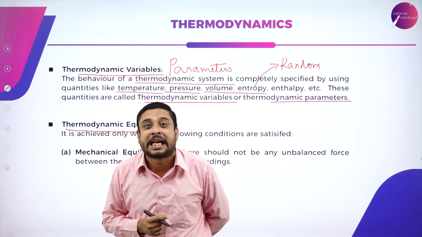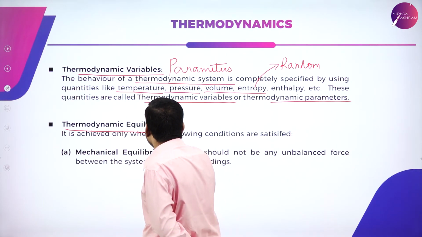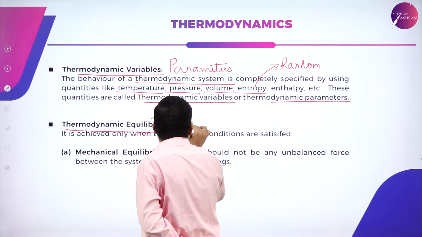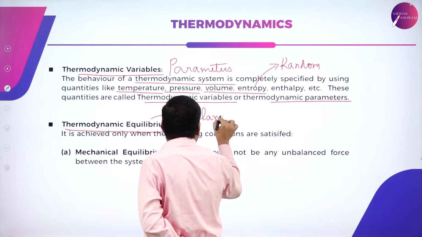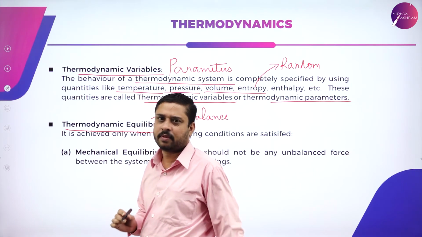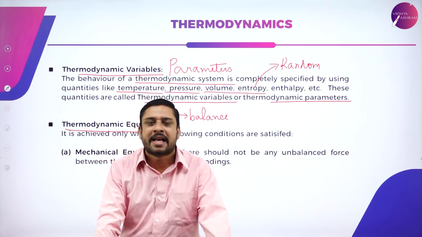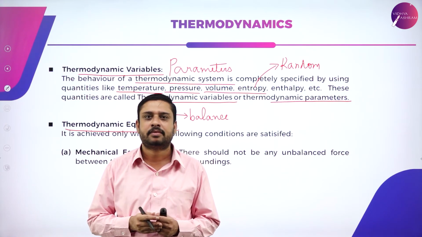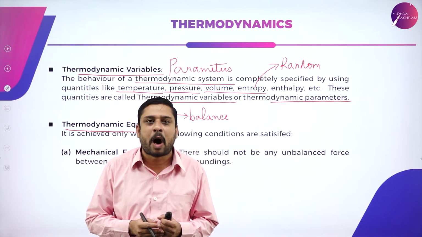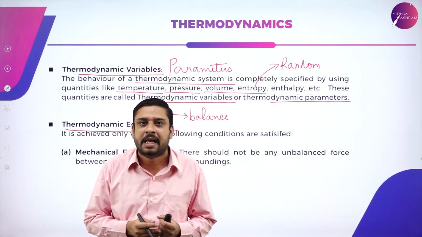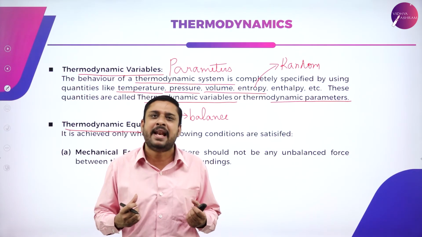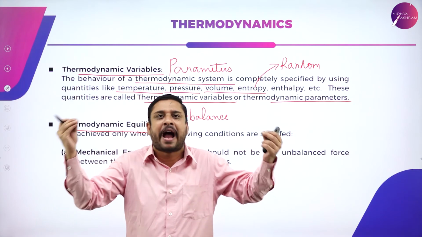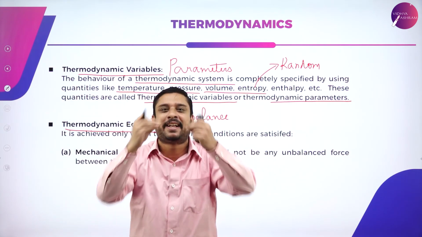And classically, to conclude, we will understand thermodynamic equilibrium, where equilibrium means some type of balance. Basically understand, when we talk about equilibrium, a balance has to be achieved. Balance means, you know, two factors should equate.